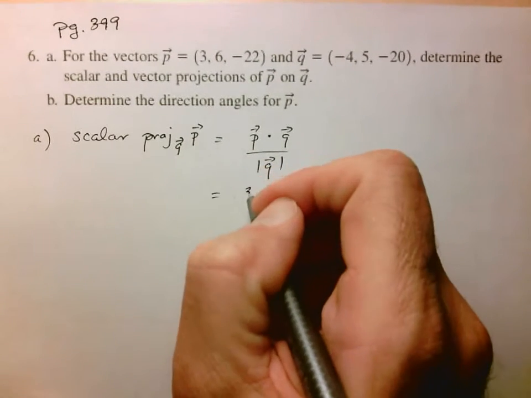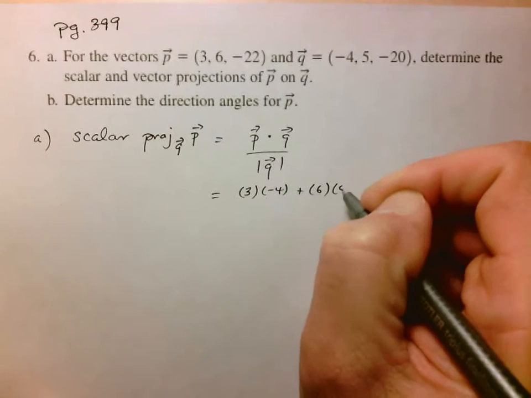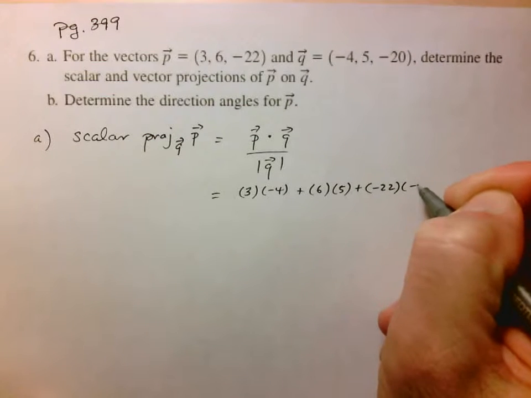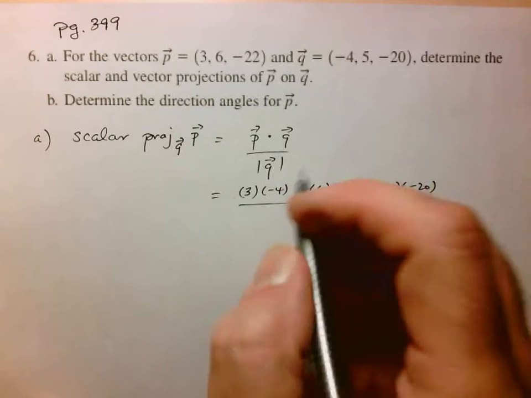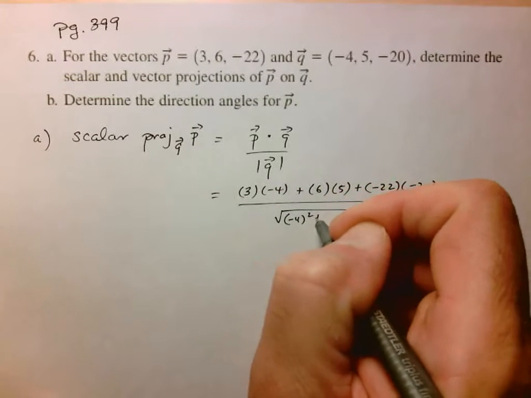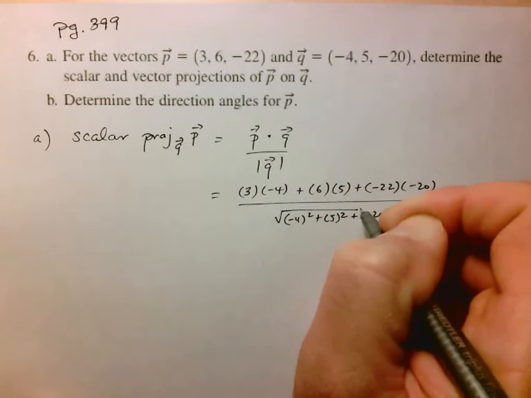So we have 3 times -4 plus 6 times 5 plus -22 times -20, all over the square root of -4 squared plus 5 squared plus -20 squared.